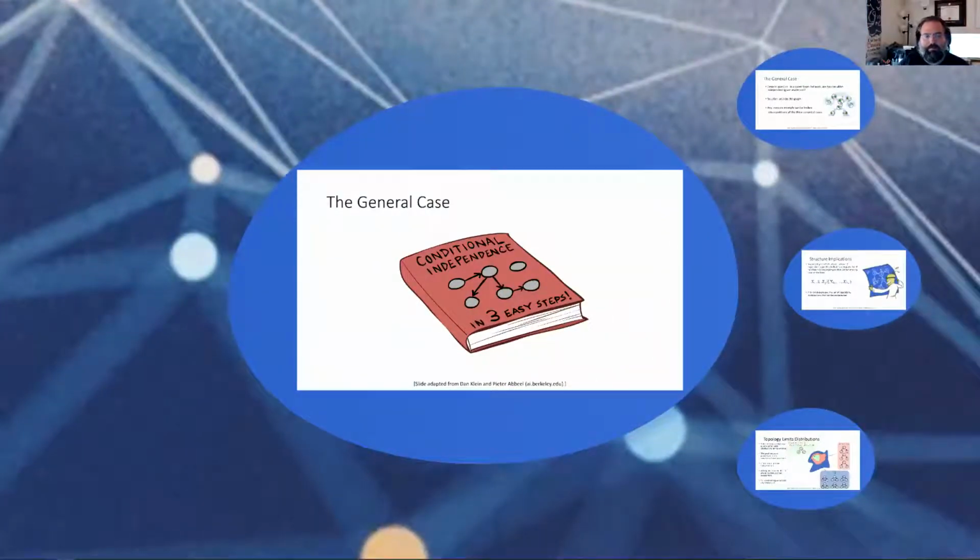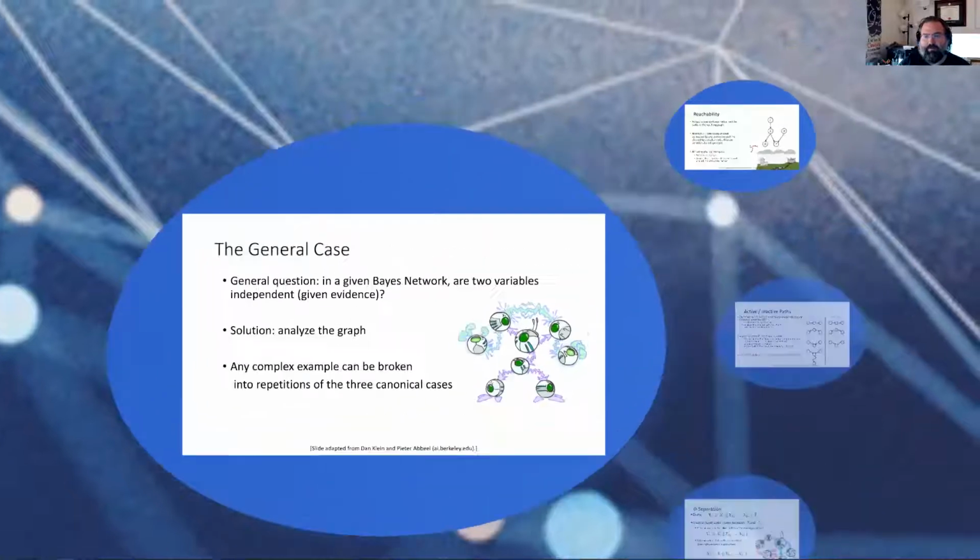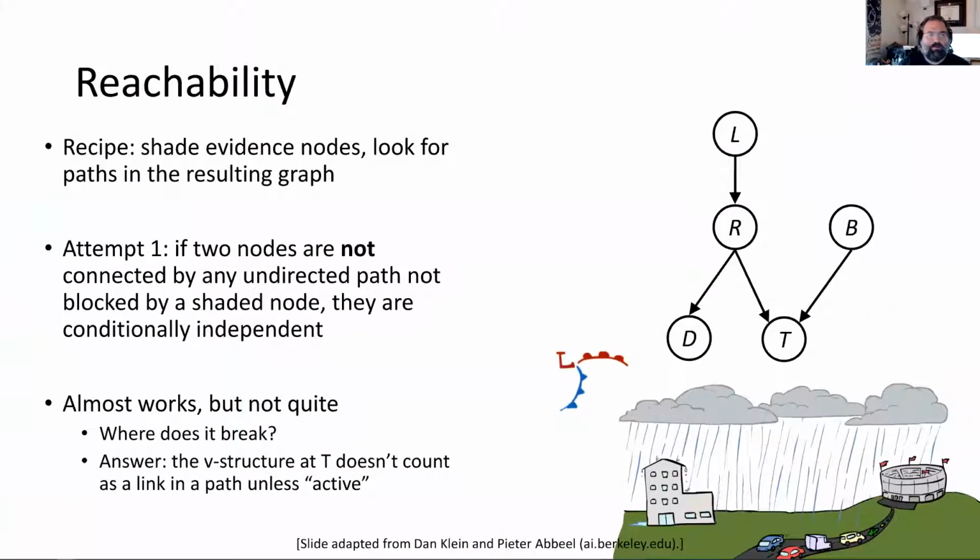So the general case of conditional independence, and this is a way of figuring out, given a Bayesian network, whether two variables are independent. So how can you figure that out? And the answer is you can look at the graph and figure it out. So basically, there are three ways that we can figure that out, and we'll drill into each one of them. Reachability. So the recipe is essentially shade evidence nodes, looking for paths in the resulting graph.